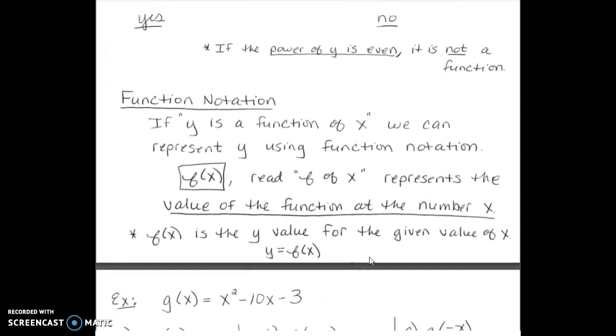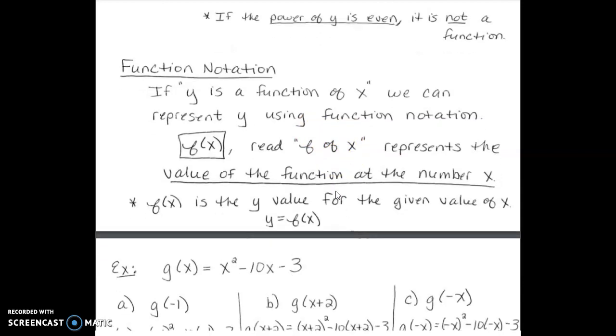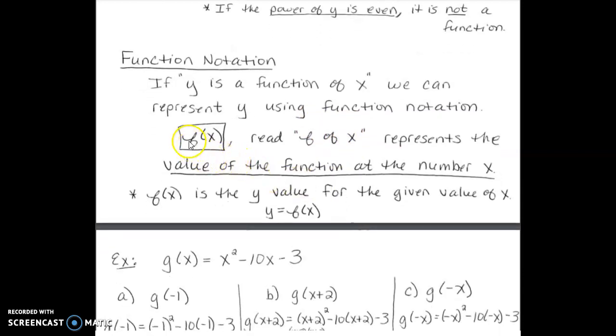All right, so now we're going to move on to using what we call function notation. If y is a function of x, we can represent y using function notation. That is the symbol, typically f parenthesis x close parenthesis, and we would read that as f of x.